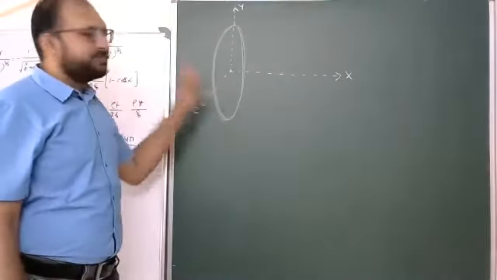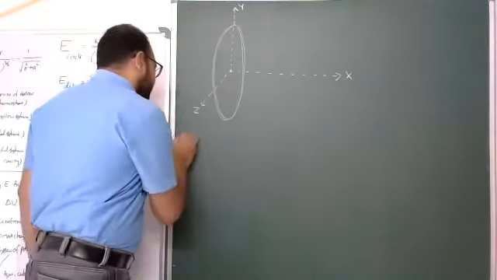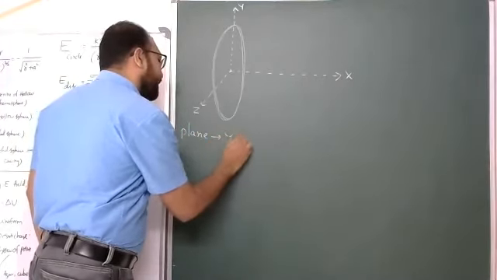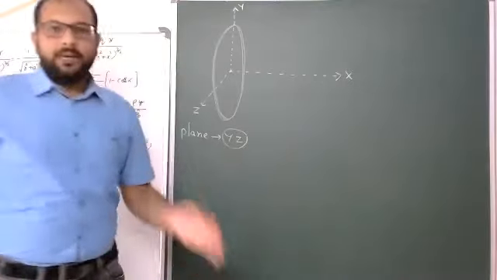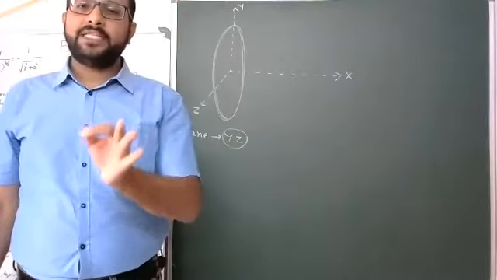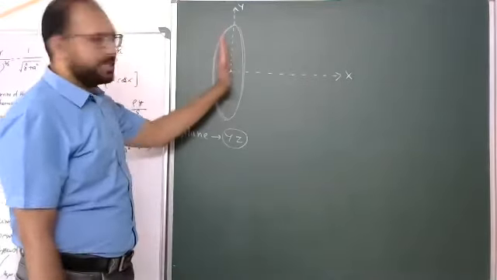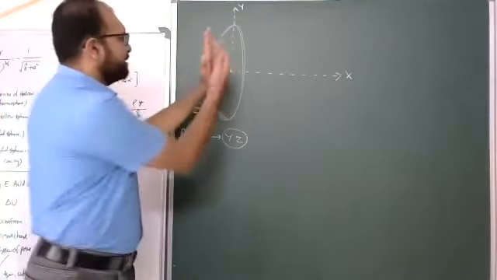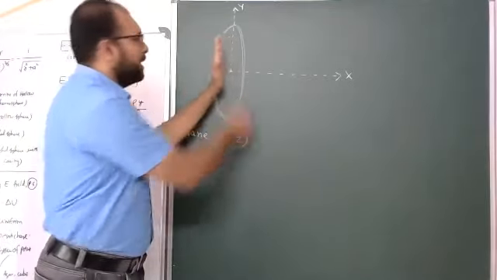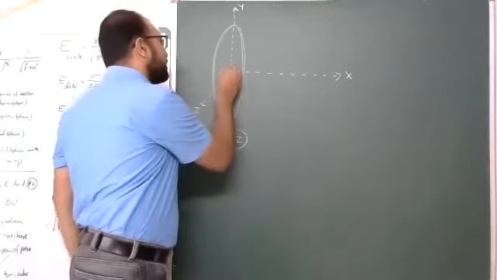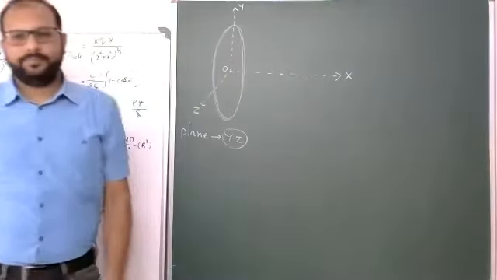Students, the plane of the ring is in the YZ plane. This is the YZ plane, means indirectly students here like this. Now this is the plane of the ring. Now the axial line is the x-axis, so this is now the origin.